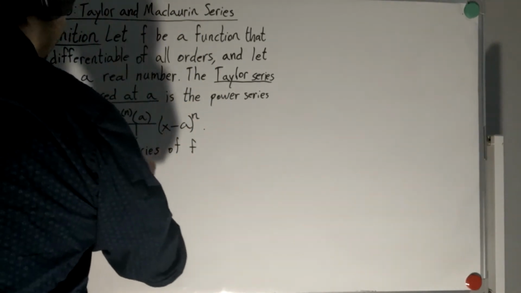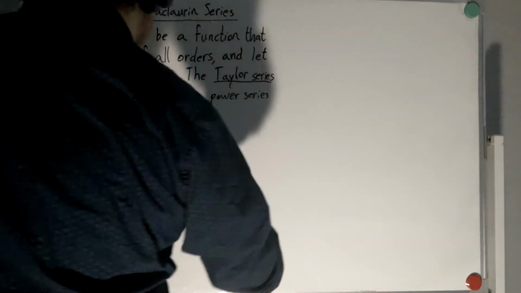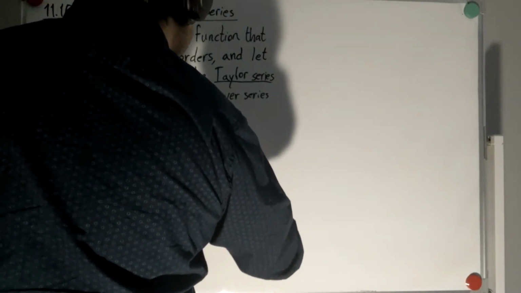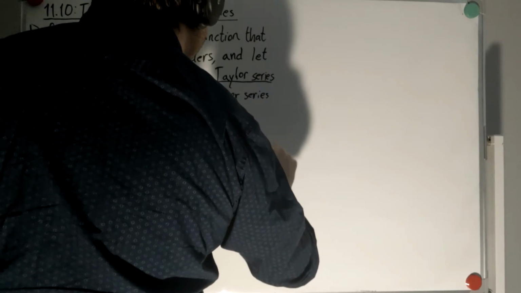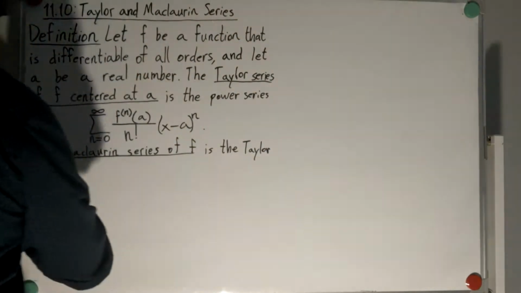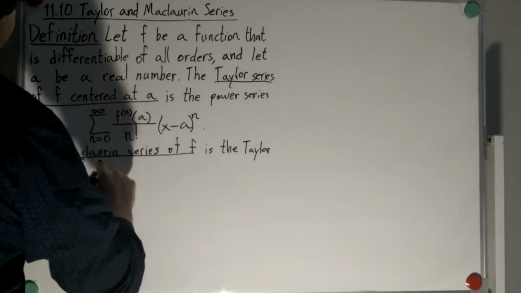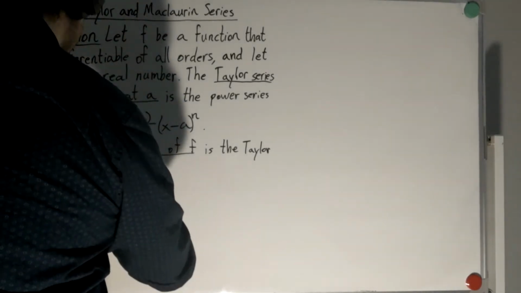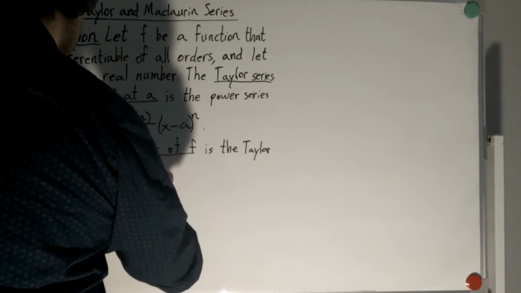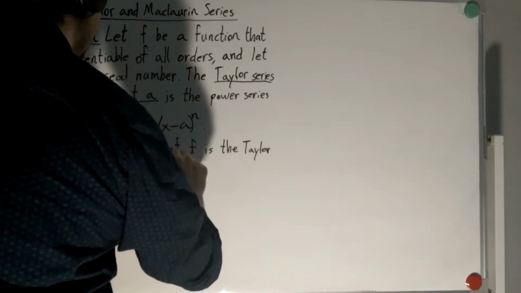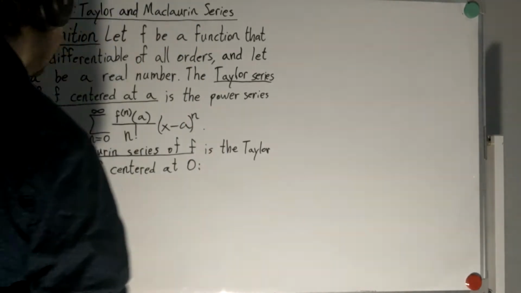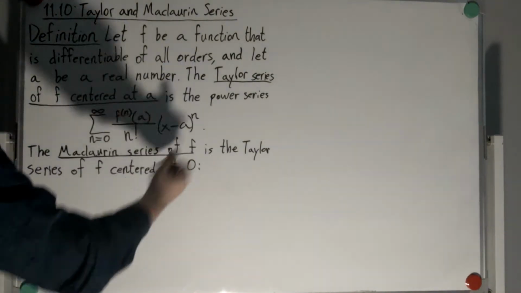So the Maclaurin series of f is the Taylor series of f centered at 0. So you just replace all these a's with zeros.